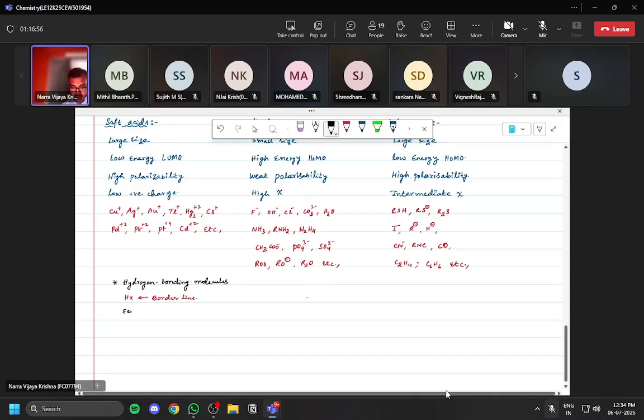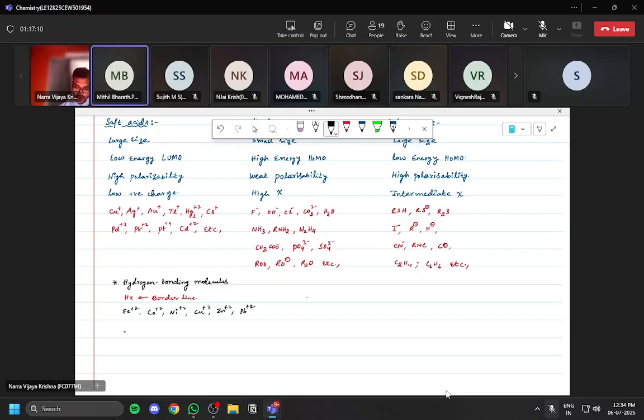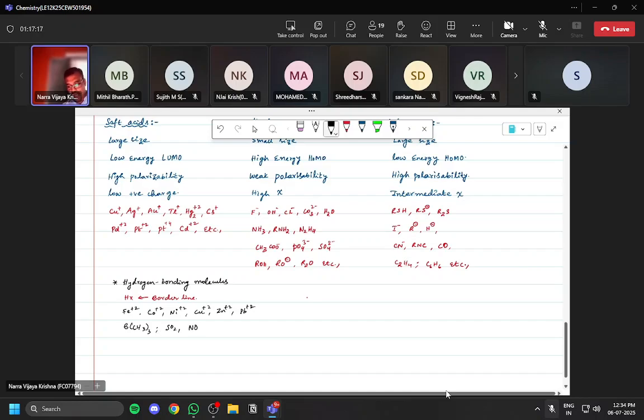They prefer to form complexes with Fe plus 2, cobalt plus 2, nickel plus 2, copper plus 2, zinc plus 2, lead plus 2, boranes, sulfur dioxide, nitrosyl, etc. These are all borderline acids. In the same way, borderline bases.